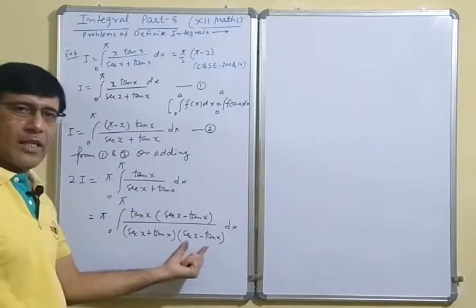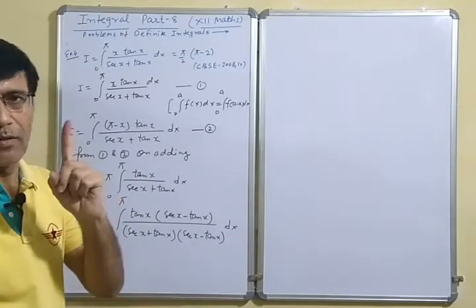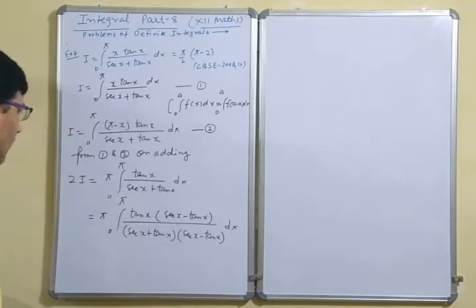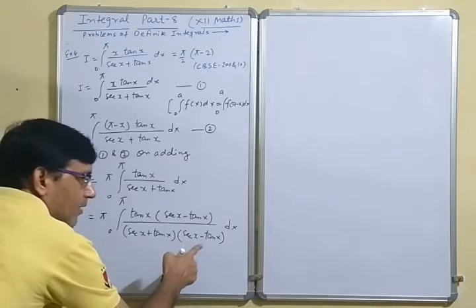A plus b, a minus b is a square minus b square, and sec square x minus tan square x is equal to 1.